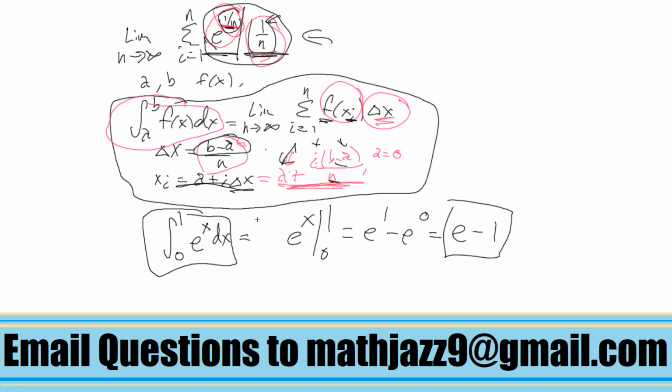Now, this problem, maybe not with e to the x as a function, but going backwards from a Riemann sum to an integral is always on the final. Usually 1 or 2 times. Probably not 3 times, but at least 1 or 2 times this type of a problem will show up on the final. So please make sure you feel comfortable with this type of a problem.